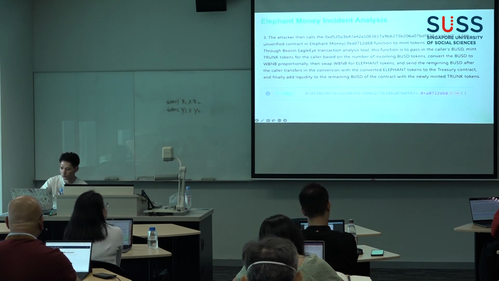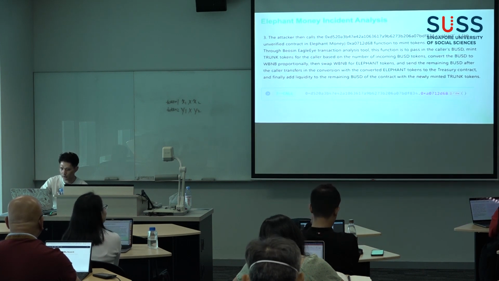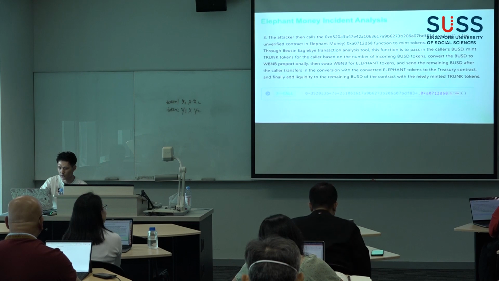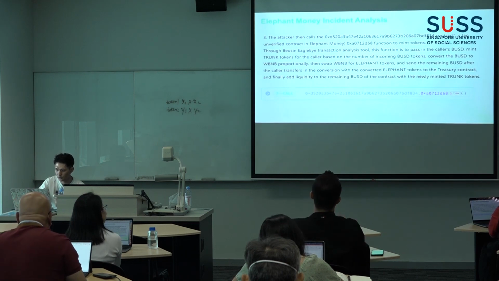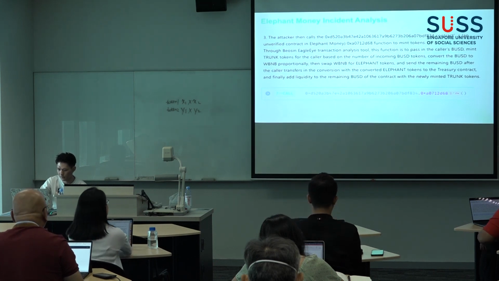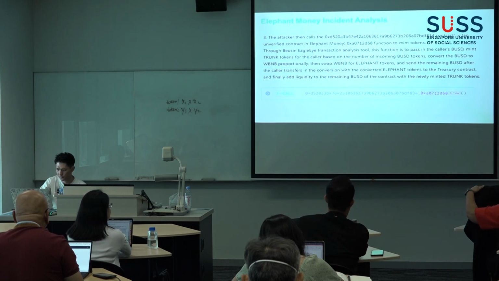So this function is to pass in the caller's BUSD, mint Trunk tokens for the caller based on the number of incoming BUSD tokens, and then convert the BUSD to WBNB proportionally, then swap WBNB for Elephant tokens.